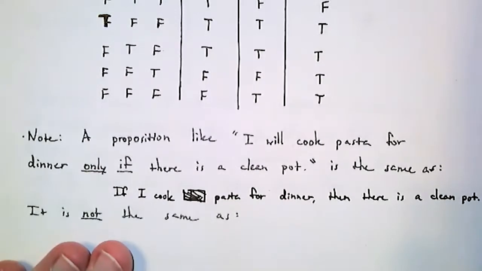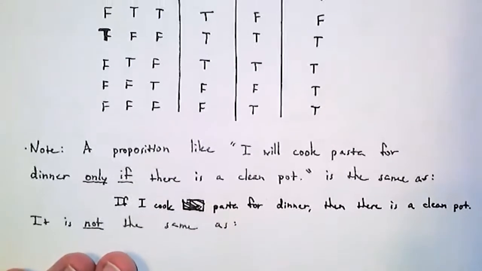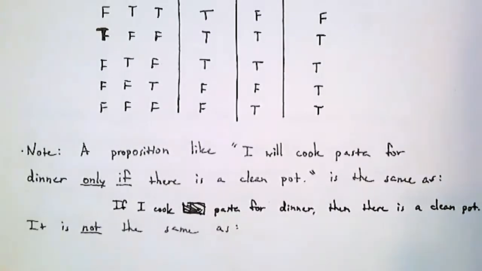I feel like I need to explain that more, but I don't know how. With the only if, there's still a possibility of it not happening, even if the if is true. I will definitely only cook pasta if there's a clean pot, but I might still decide not to cook pasta. That's the subtext here.